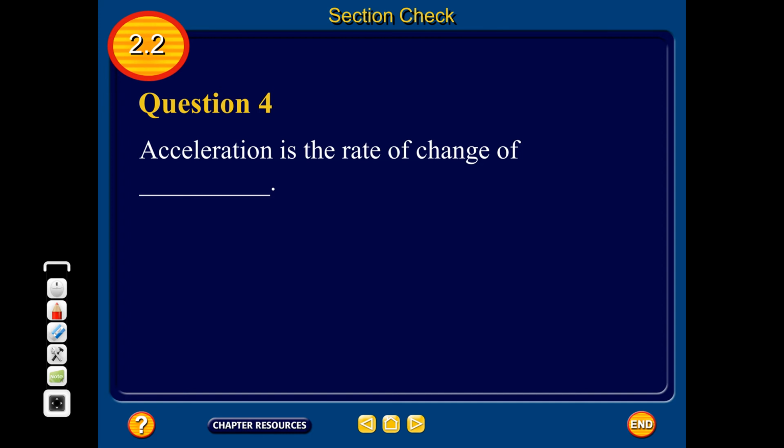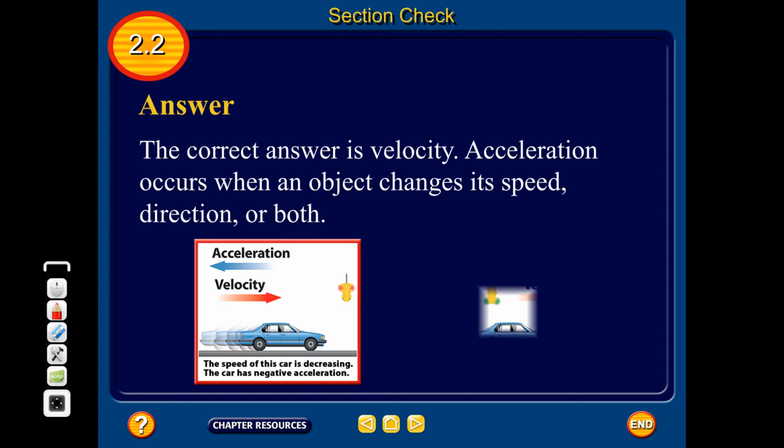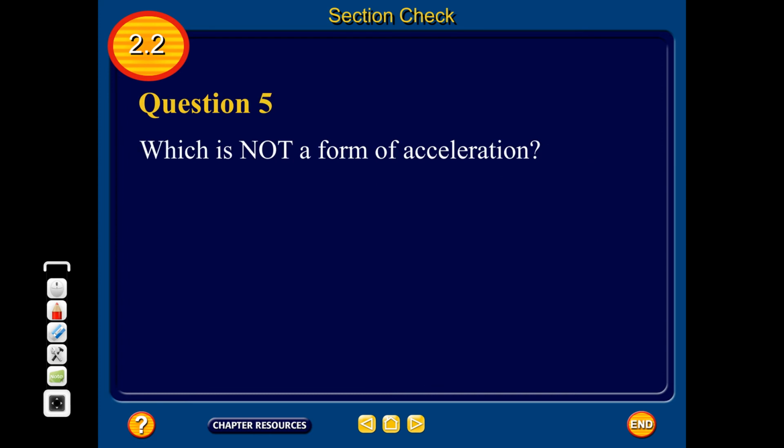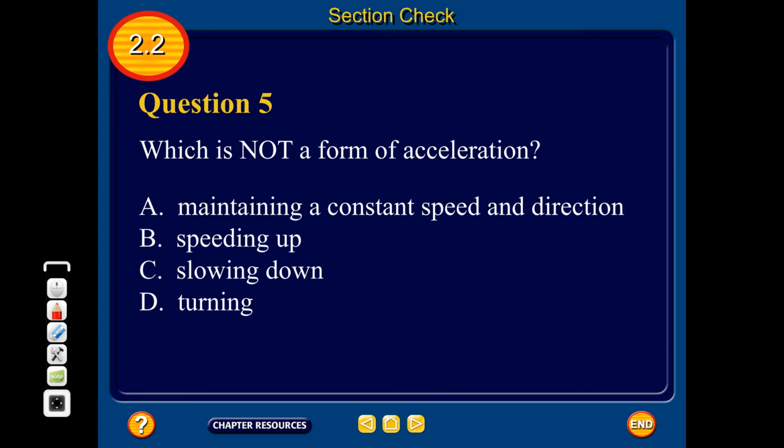Acceleration is the rate of change of velocity, okay? It's how quickly your velocity is changing, and you can accelerate by speeding up, slowing down, or changing direction, okay? Which is not a form of acceleration? All right, if we maintain a constant speed and direction, what does that mean?